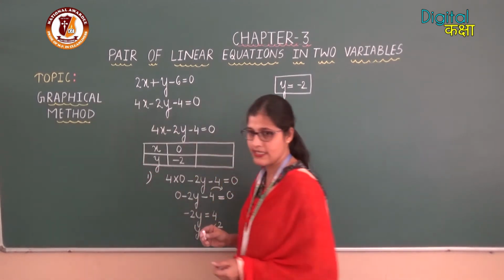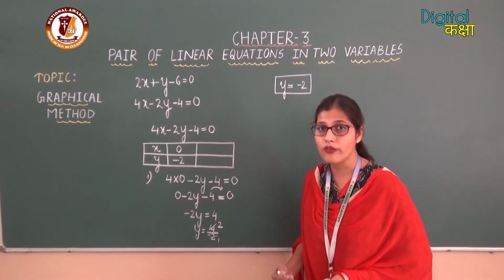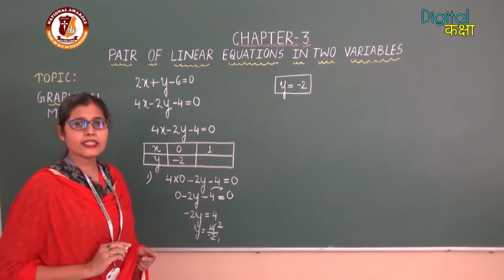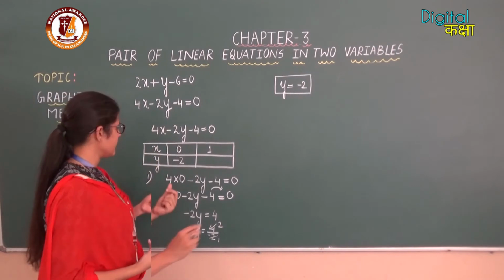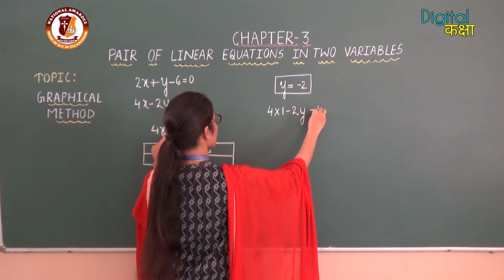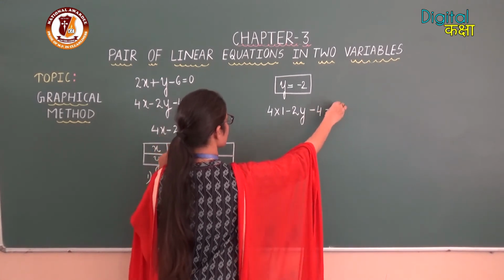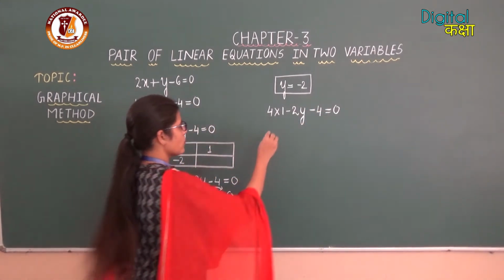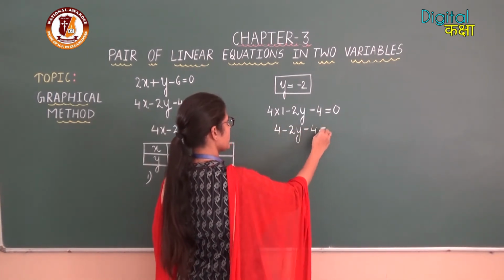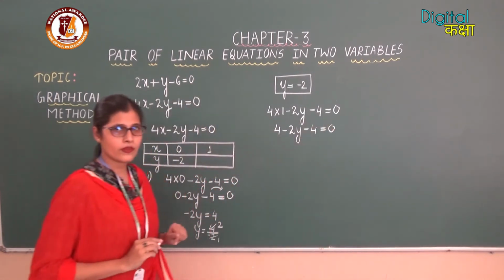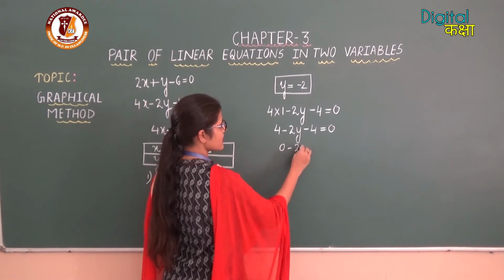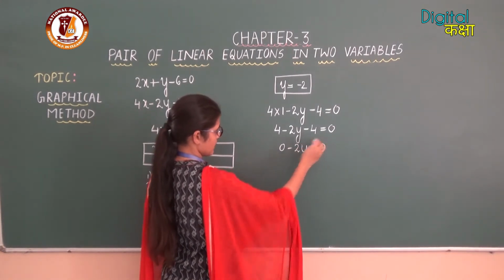Now, in the second case, we will be taking the value of x as 1. When I take the value of x as 1, 4 into 1 minus 2y minus 4 equals 0. 4 ones are 4, minus 2y minus 4 equals 0. 4 minus 4, again it will be 0, minus 2y equals 0.